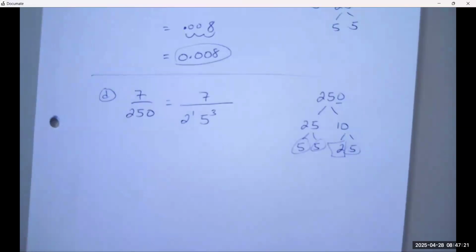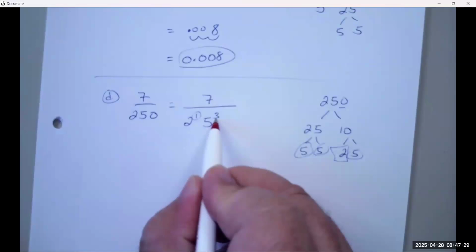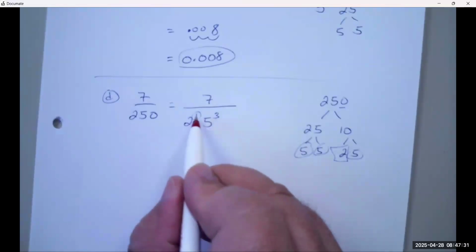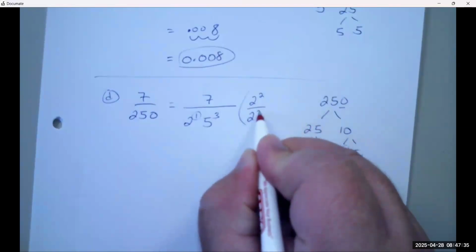What do we need to make it a base 10? 2 squared. Yeah, we need 2 more 2s. Since there's 3 5s, we need to have 3 2s. We're missing 2 more. So we have 2 to the power 2.